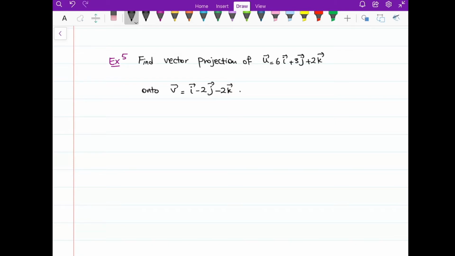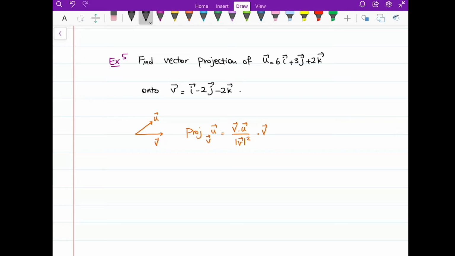So we're gonna use the formula for that. The projection of u onto v would be equal to v dot u over the length of v squared, times v.